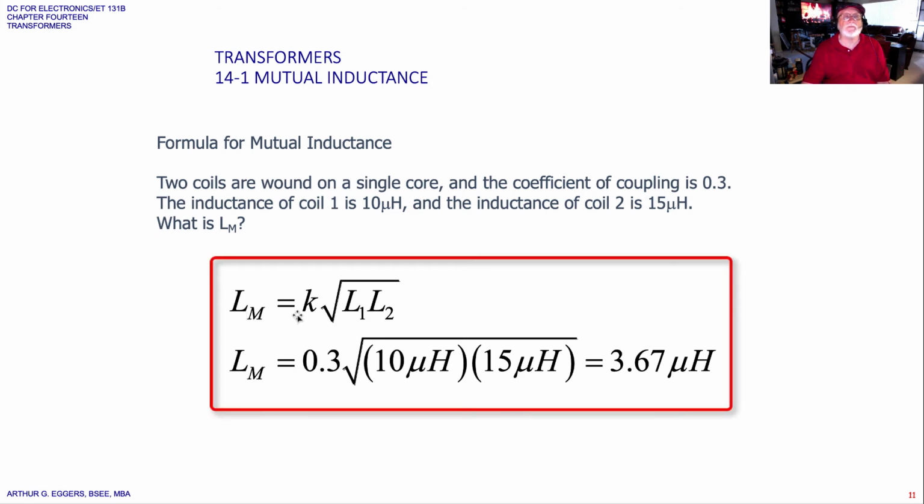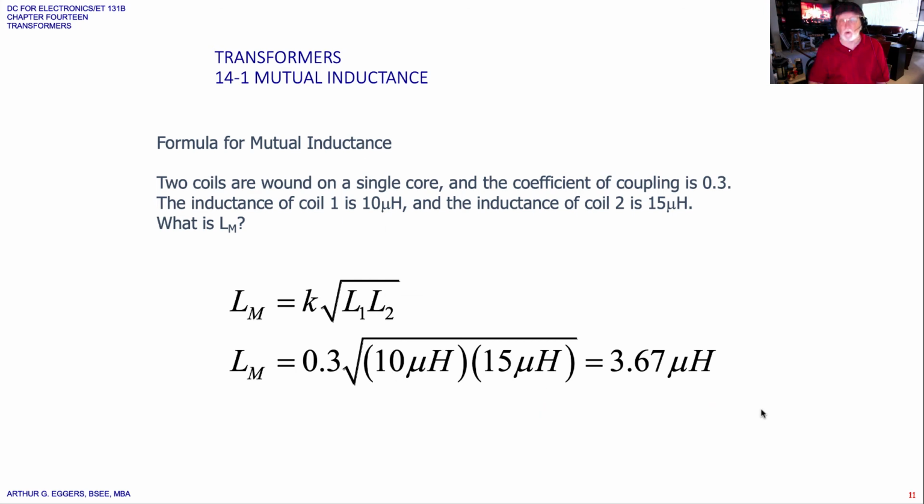L sub m is equal to K times the square root of L sub 1 times L sub 2. Multiply, take the square root, multiply times the coupling coefficient, and we get 3.67 microhenries as the mutual inductance between the two coils in the transformer.